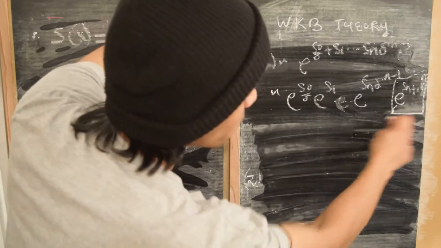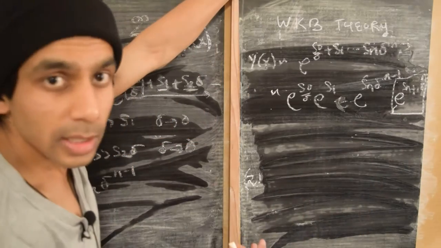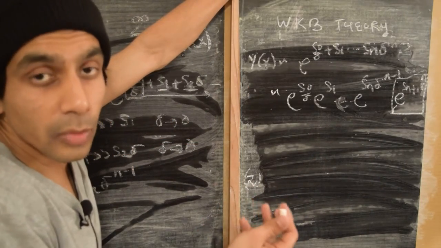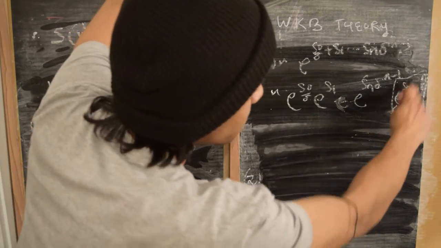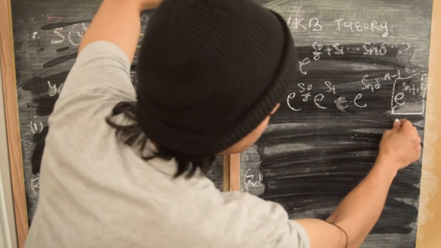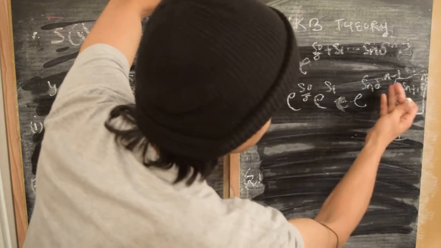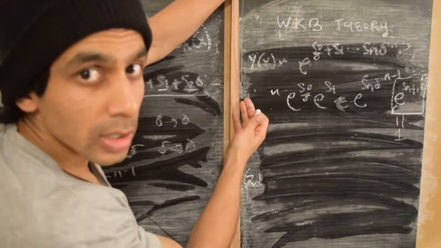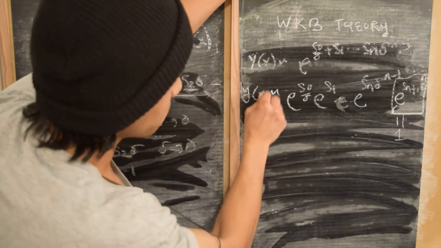Now if you want to ignore this term, then this term should be something that's of order 1, because this is e to the power of something, and if this is of order 1, then ignoring it will not change our approximation for y(x), right?